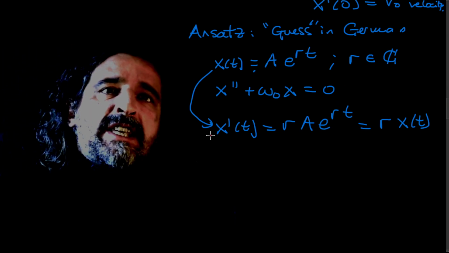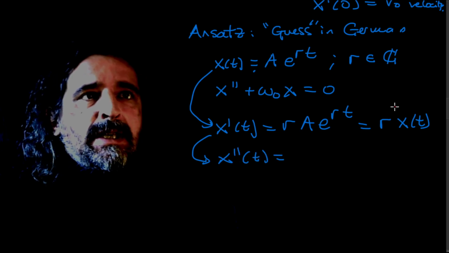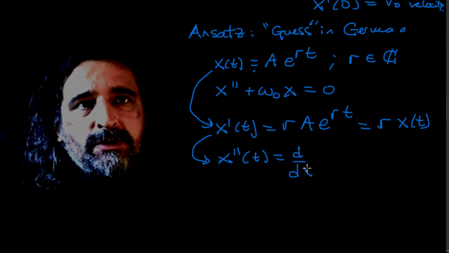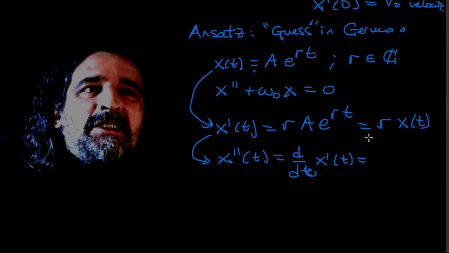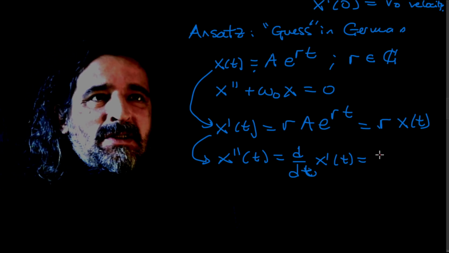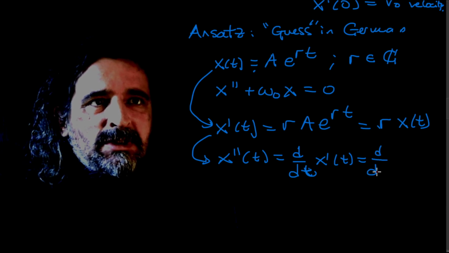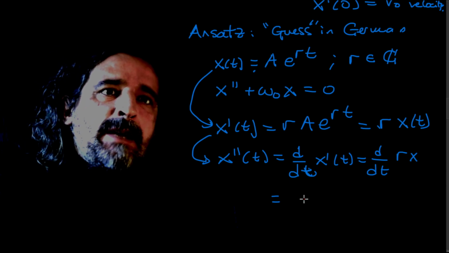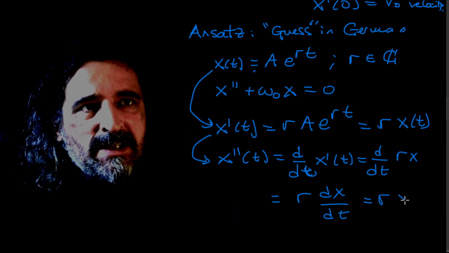So x double prime of t is the derivative with respect to t of x prime of t. And x prime of t is r x of t, so that is the derivative with respect to t of r x of t, which becomes, since r is a constant, r times x prime.